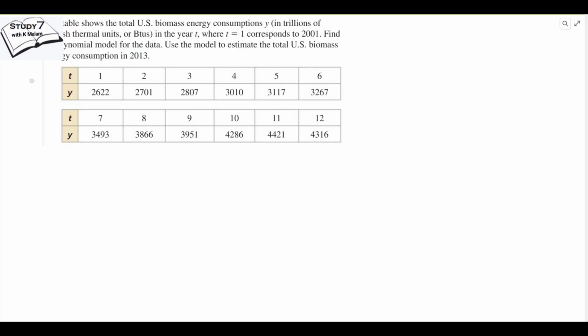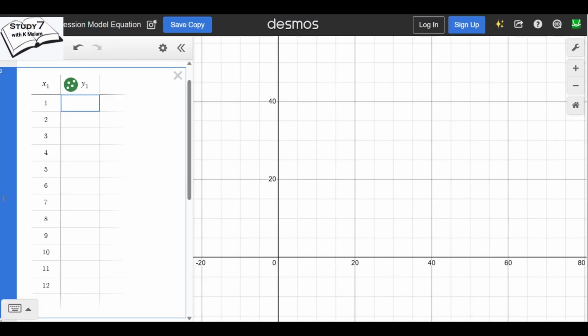Here we have to use a graphing calculator. Here I open the Desmos cubic regression model. On the left side I will substitute the values. When x is 1, the y value is 2622.